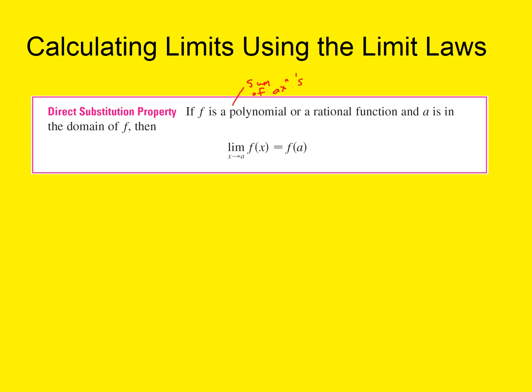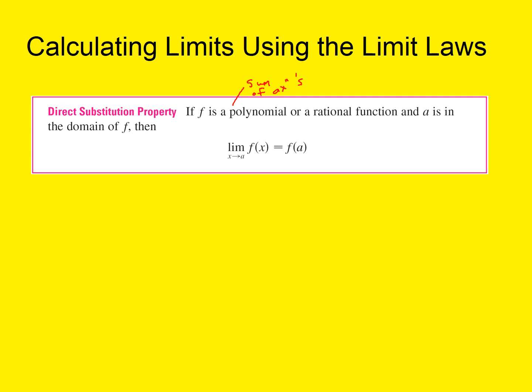A sum of ax to the n's, like 5x squared minus 2x plus 11, or a rational function, that is a fraction of those kinds of things. A rational function is a function that can be written as polynomial 1 over polynomial 2. So that's the kind of function we have here for f of x. If a is in the domain of f, then the limit as x goes to a of f of x equals f of a.